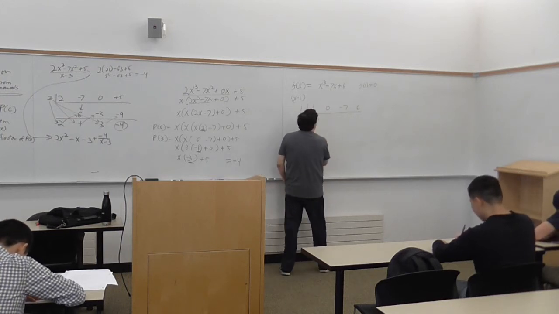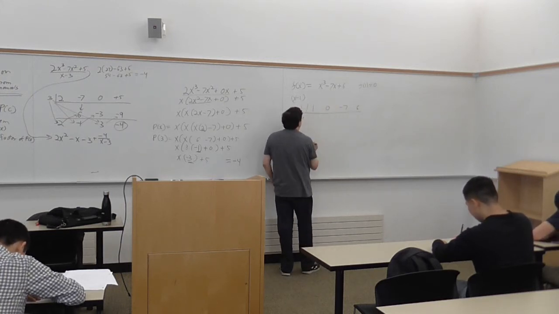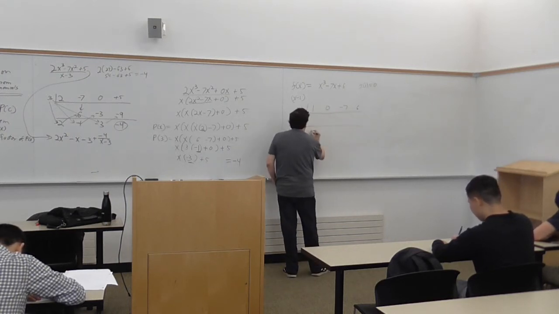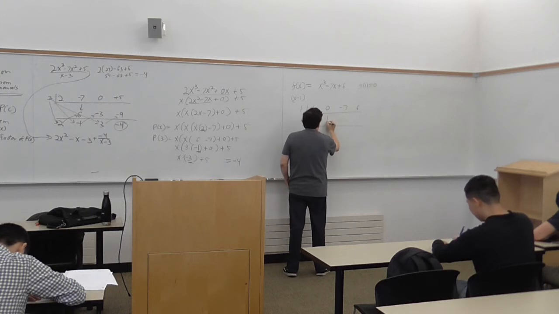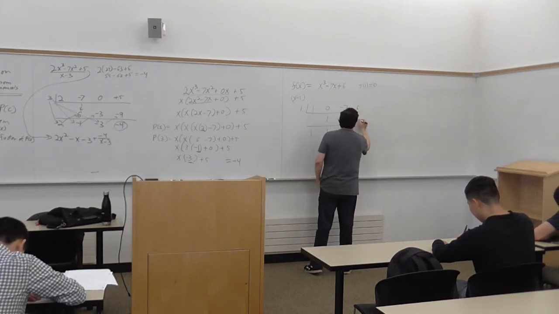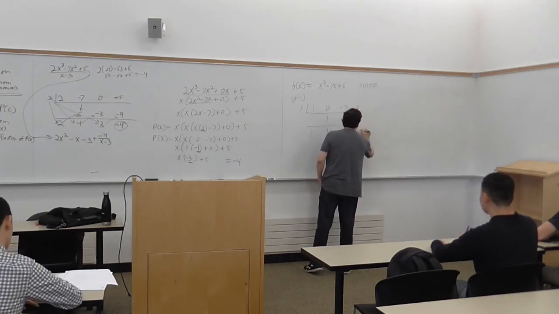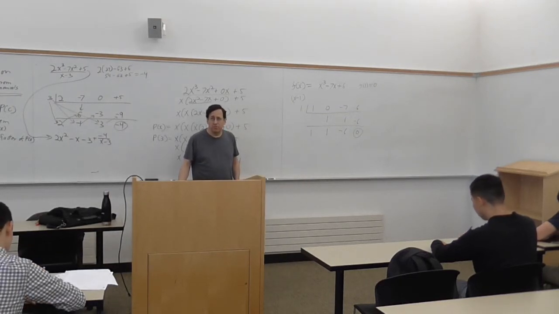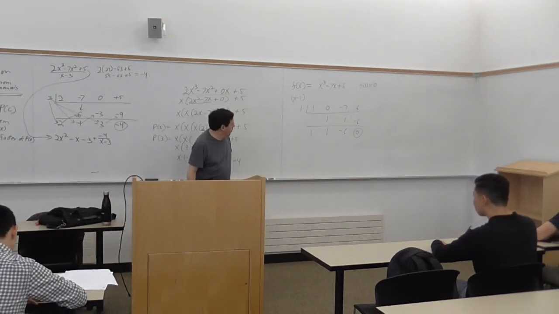Okay. Catch me if I make a mistake, because like you say, you guys know this better than me. Bring the 1 down and multiply. That's 1, 0, 1, 1, negative 6, negative 6, negative 6, 0, yay! It better come out 0, right? Because the remainder better be 0.